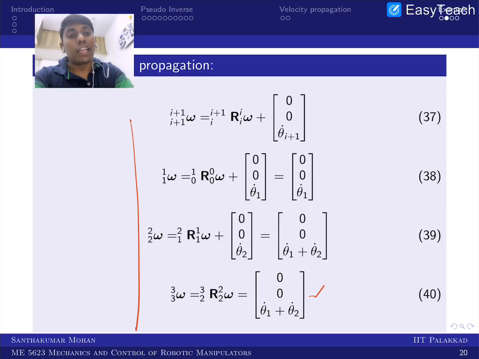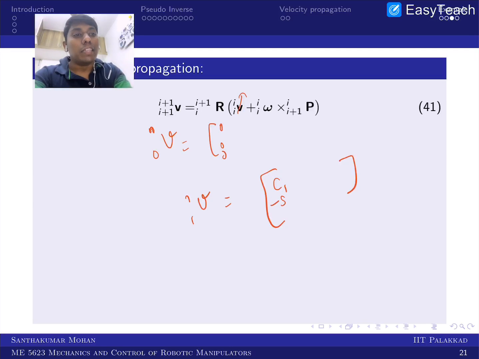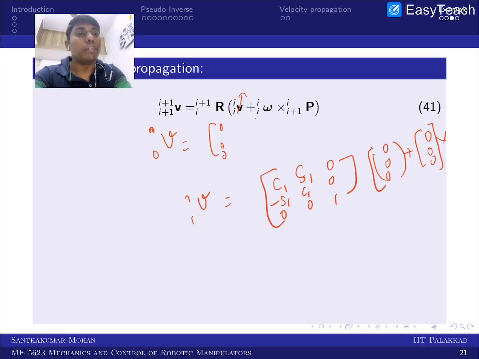So now this is angular velocity propagation. We'll see what linear velocity propagation is. We are trying to address v0 with respect to 0, which we have already taken as 0, and v1 with respect to 1, which is the transpose of c1, minus s1, 0, multiplied by 0, 0, 0, plus 0, 0, 0 cross multiplied with 0, 0, 0, right?